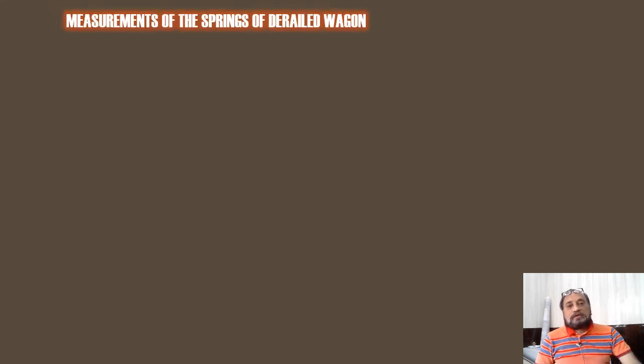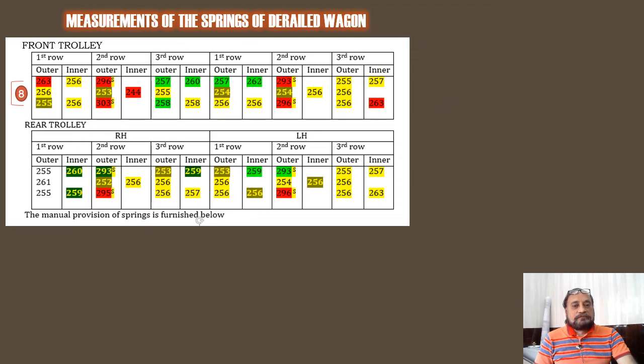Now let's take an example of joint measurements taken of a derailed wagon recently, and the readings have been tabulated. These are the readings of front and rear trolley of the derailed wagon, from where we see that on the first row the outer springs are having a height difference of 8 mm.